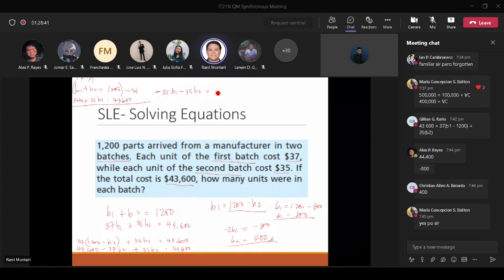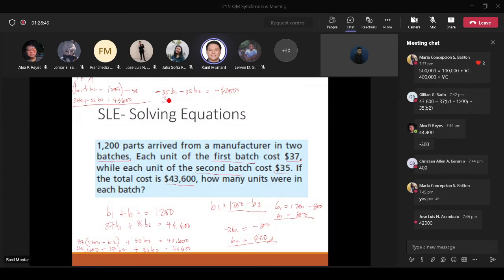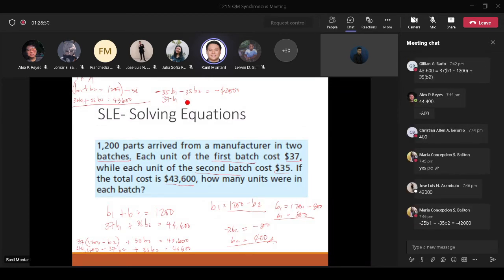Guys, please help. 42,000, sir. Thank you. So it's negative 42,000. And then I'll just copy the second equation, which is 37B1 plus 35B2, equal to 43,600. Now, given these two equations, since they can be eliminated, I will just add them.